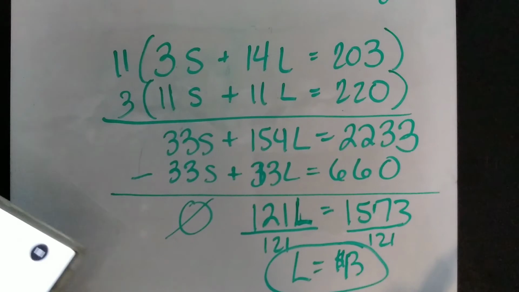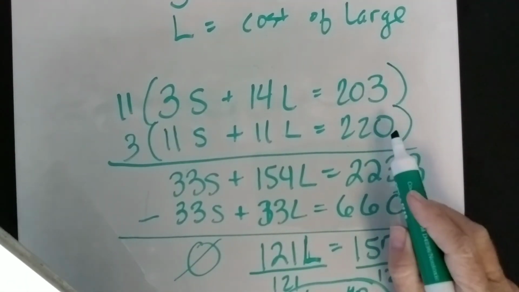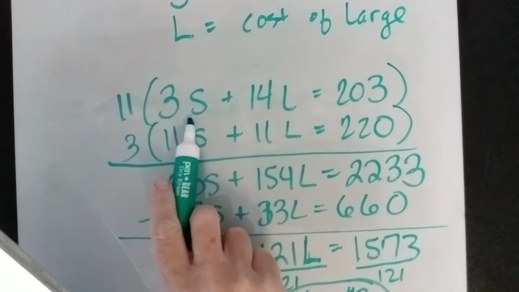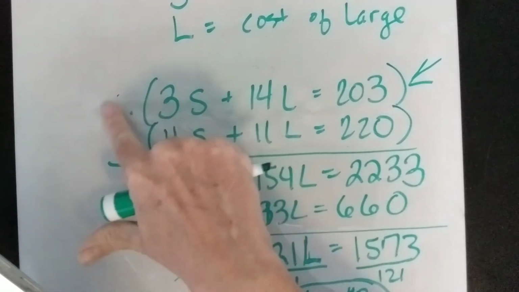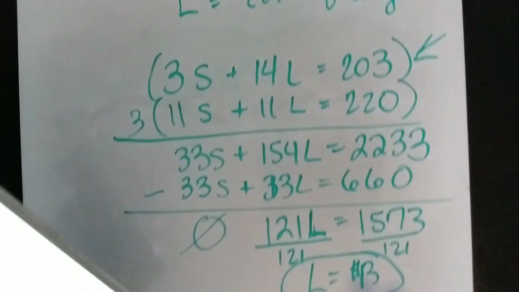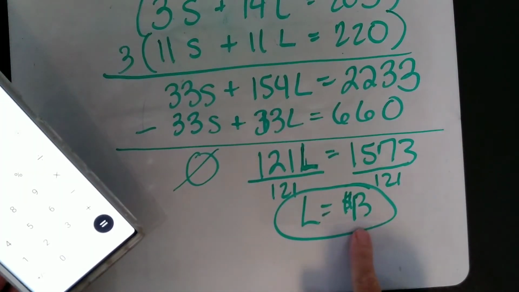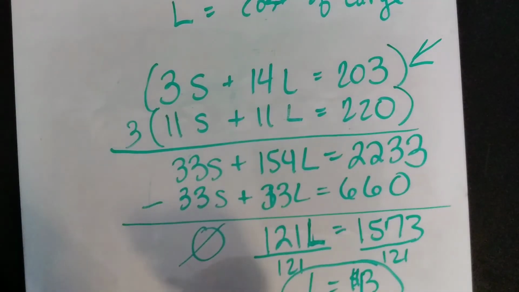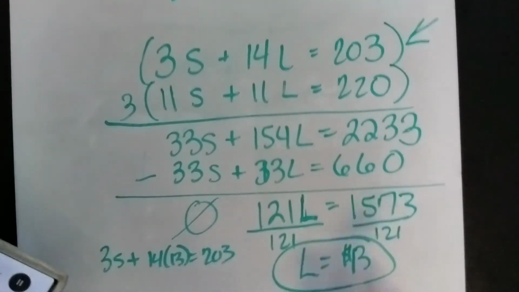And then I'm going to plug that back in to either equation to solve for the cost of a small box. So I'm probably going to plug it into the original equation. So I know 3s plus 14 times the cost of L. We're going to substitute 13 in for L. So 3s plus 14 times 13 equals 203.